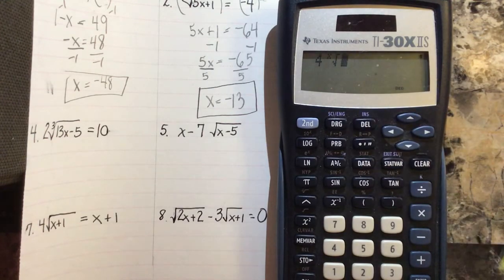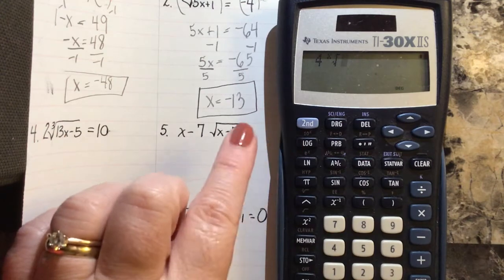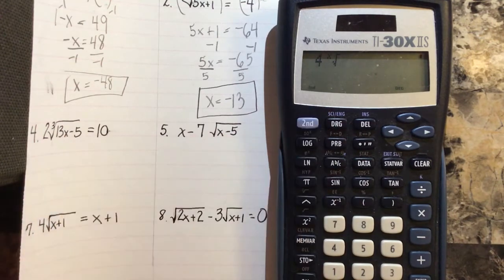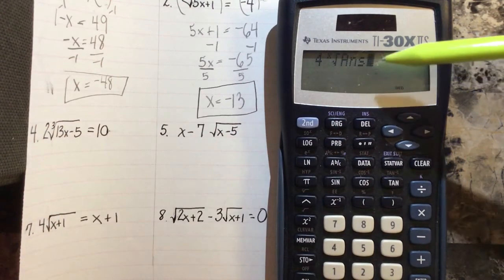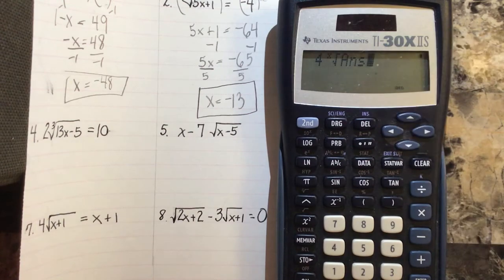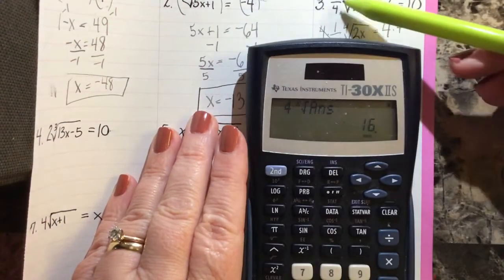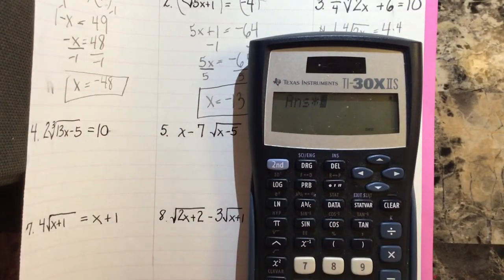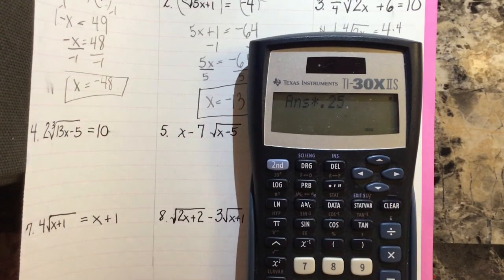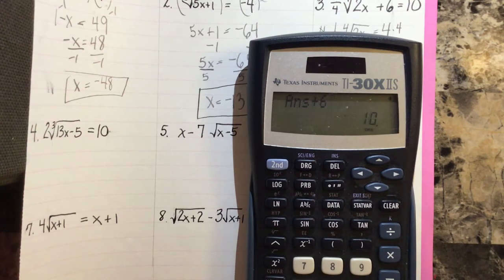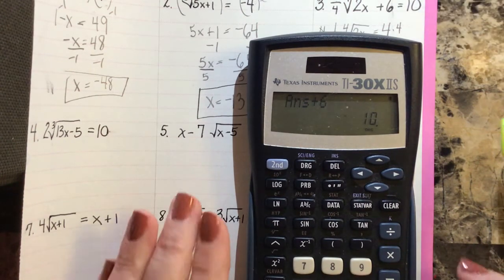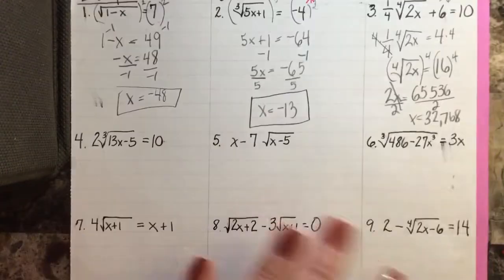And then the answer that I just had on the screen, so I'm going to do second negative sign, that's the answer I just had. The 4th root of that is 16. And then I'm going to multiply 16 by 1/4, which I know is 4. And I'm going to add 6 to that, and it should equal 10, and it does. So that is the correct answer, and I showed you how.